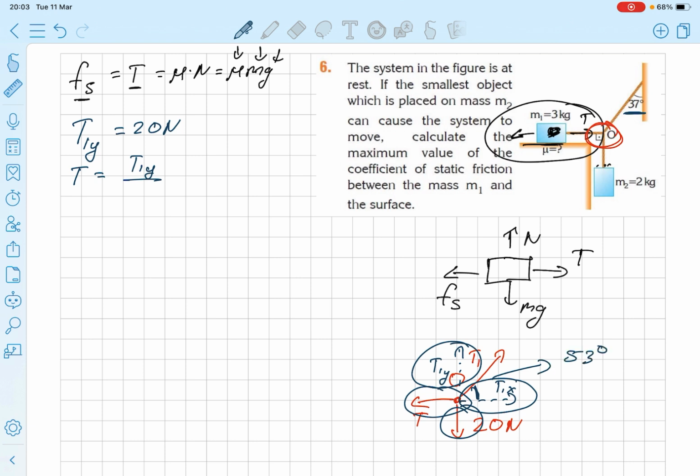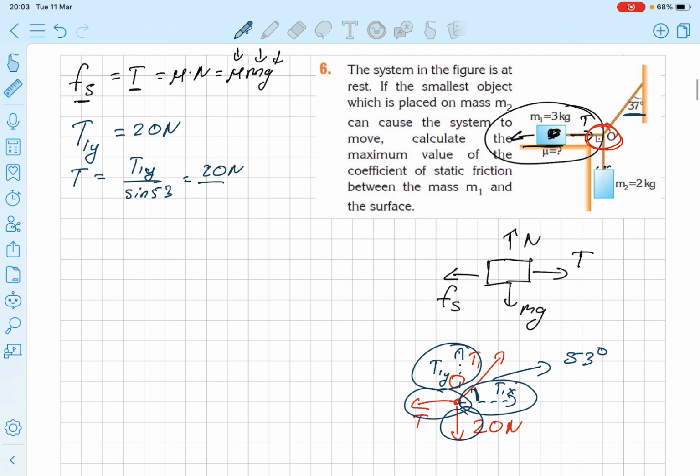Since we are using a vertical component, that means we use sine of 53. So it will be 20 newtons over sine of 53, which is 0.8. So it is equal to 100 over 4, 25 newtons. It is 25 newtons. And from this one we can define tension 1 by x.